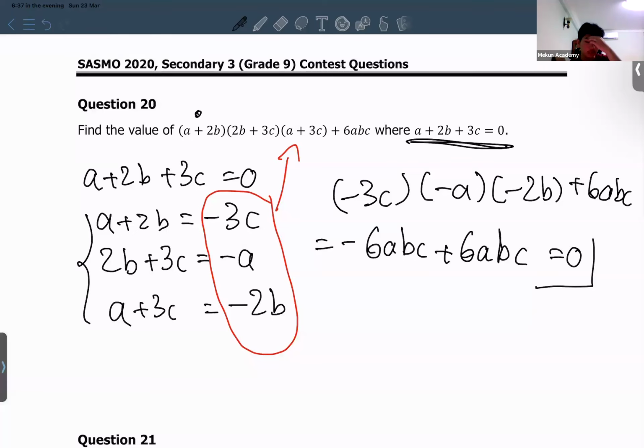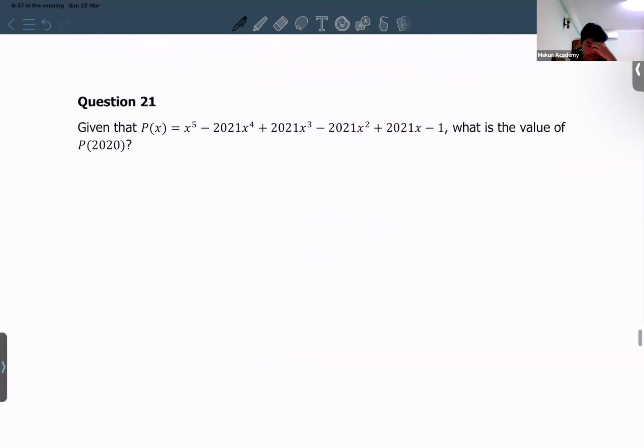Okay, so I suppose there's no questions. We will move on to the next question, which is question 21. I'll give everyone a brief moment to solve this.